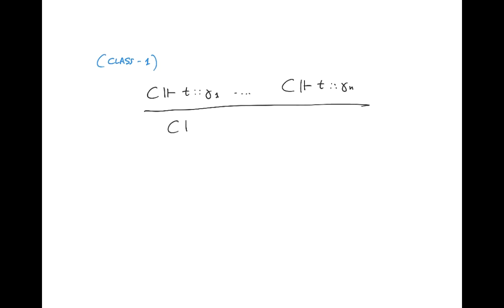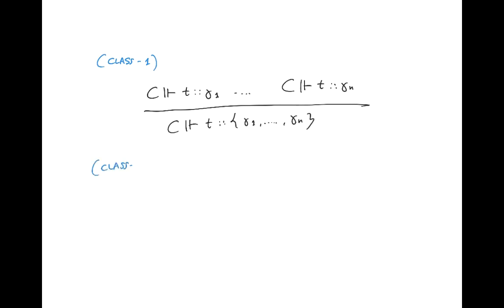The two last rules for type class judgments are class 1 and class 2. Class 1 says that if we can conclude that the type T has the type class gamma 1, and we can also conclude that the type T has type class gamma n, then we can conclude that T is a member of all the type classes in gamma 1 up to gamma n. This is not a surprising rule.